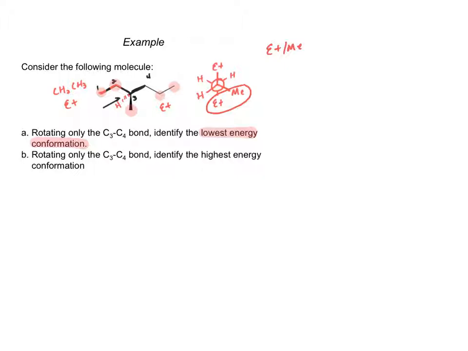Where are they relative to one another? Opposite. Right, so they're anti at this point. So this guy is gauche, and then we have ethyl ethyl in the anti position, which is good. So this is going to be conformation number 1.